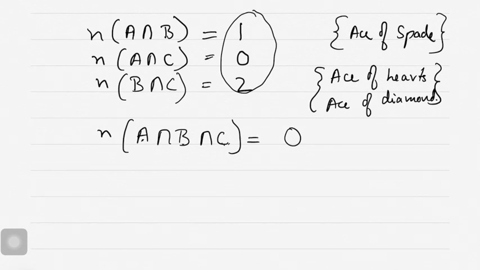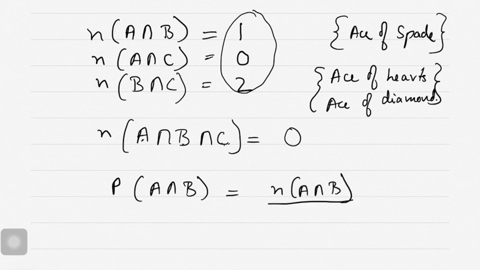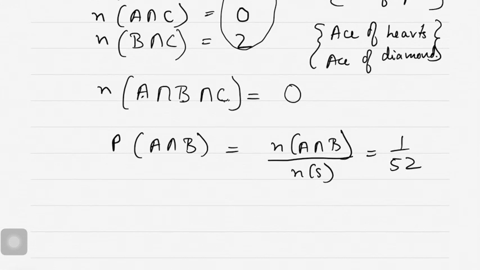Now let us find probability. So probability of A intersection B is equal to n of A intersection B divided by sample space, which is 1 by 52.